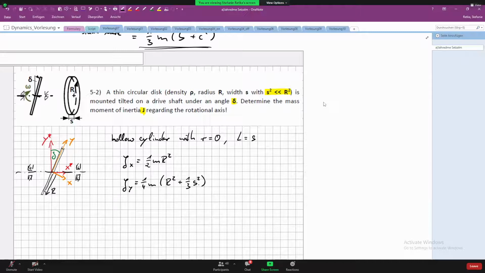Now, knowing that the width is significantly smaller than the radius, we can neglect the second part of this equation. Which gives us 1/4 mass times r squared, the square of the radius.